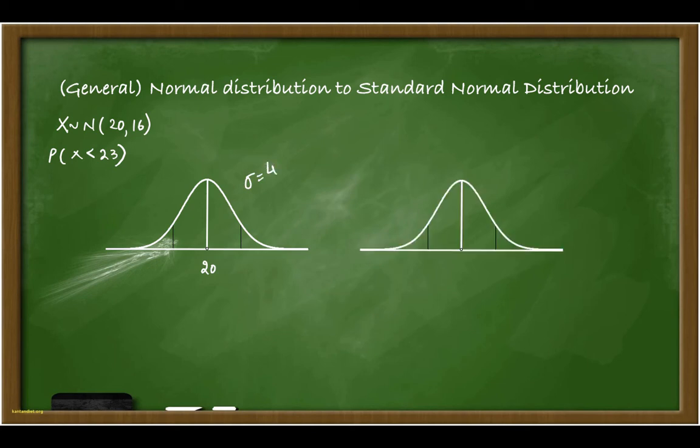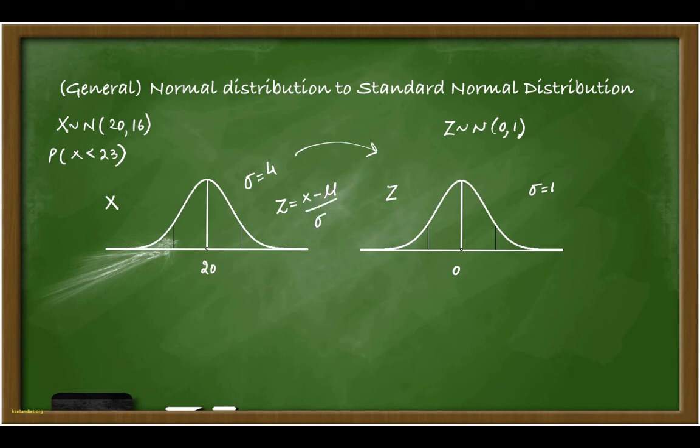Now we need to transform this normal distribution to a standard normal distribution in which the mean is 0 and standard deviation is 1. To do this, if this is the distribution of x and you want to transform it to the distribution of z, that follows a normal distribution with mean 0, standard deviation 1 and variance 1, you use the formula z equals x minus mean divided by standard deviation.